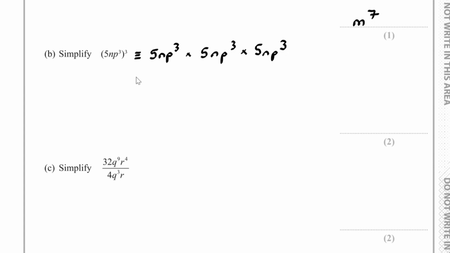So 5 times 5 times 5, that's 125. N times n times n, that's n cubed. P cubed times p cubed times p cubed, that's p to the power of 9. So we have 125 n cubed p to the 9.